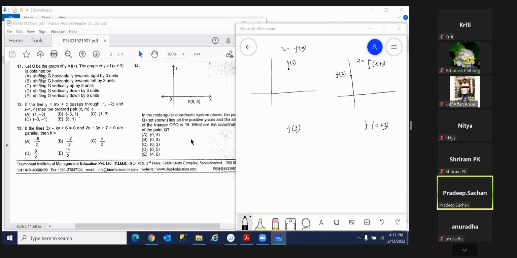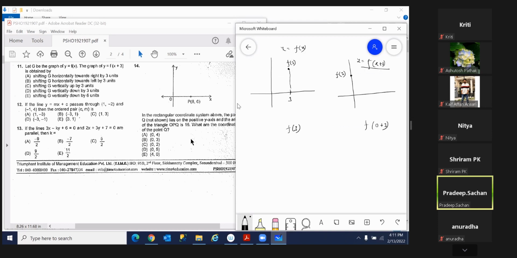So 11th question is saying let G be the graph of y equal to f of x. Then the graph of y equal to f of x plus 3 is obtained by what? Now you see, suppose y equal to f of x is a function and I am putting x equal to 3. So f of 3 will lie here, correct? At 3 I will get the value. If somebody is saying y equal to f of x plus 3, then where will I get the f of 3 value?